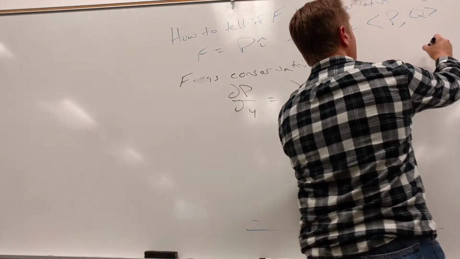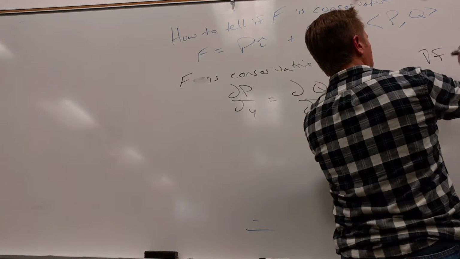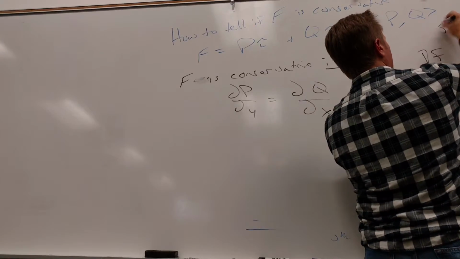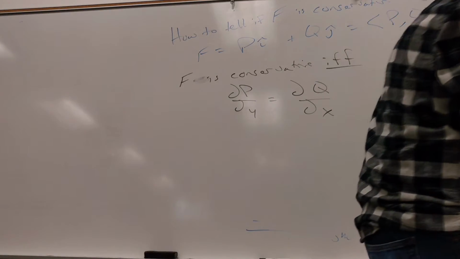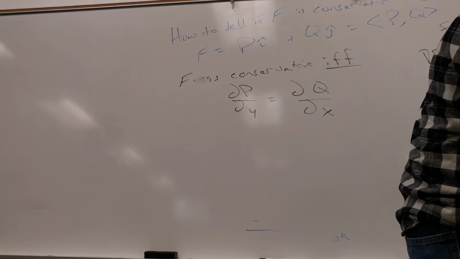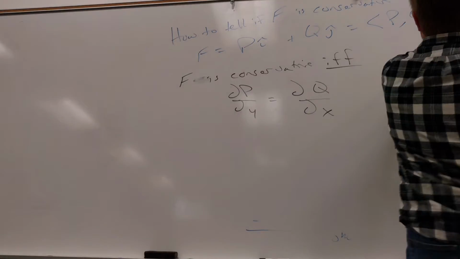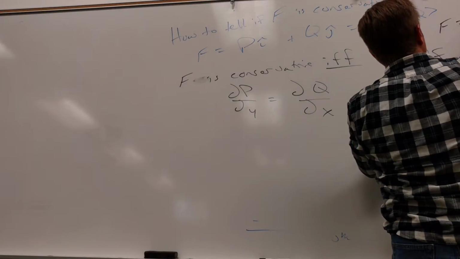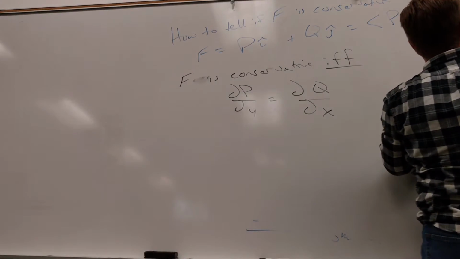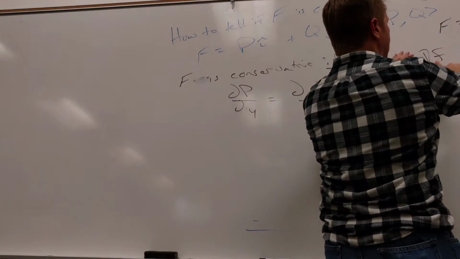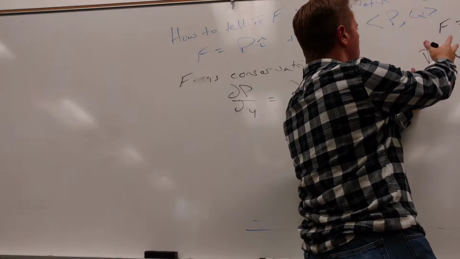If this exists, and what is this? Say F is, like I already have, Pi plus Qj. If this exists, then what must be true?